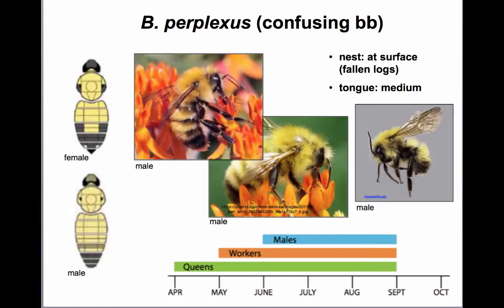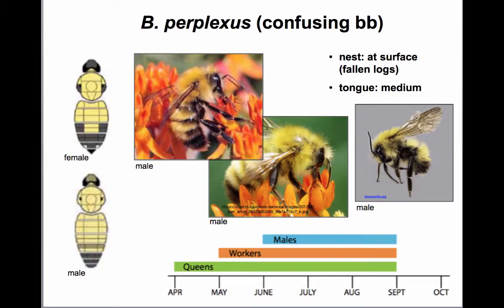We have a species called the confusing bumblebee, or Bombus perplexus, which is aptly named because the hair on the abdomen is like a merger of the color patterns of all the other species. So in Bombus perplexus, T1, T2, and T3 are all yellow, and then the next segment down would be half yellow and half black, with a yellow patch in the center and more or less black on the sides.